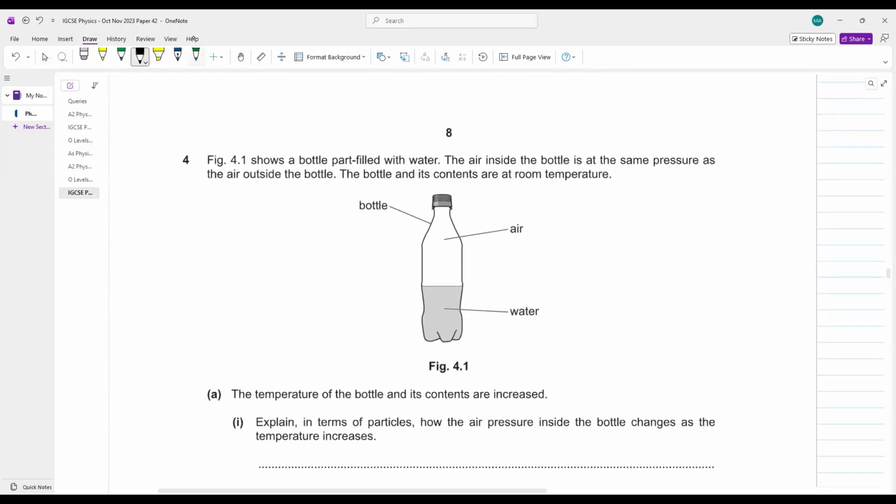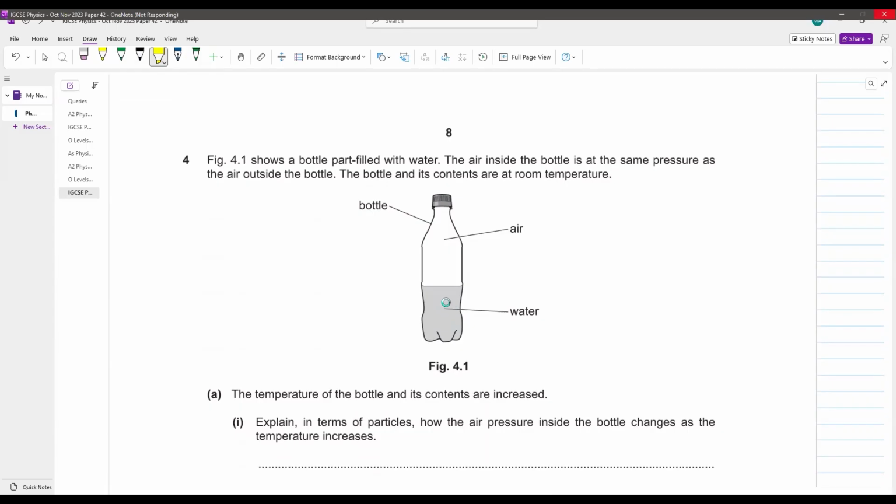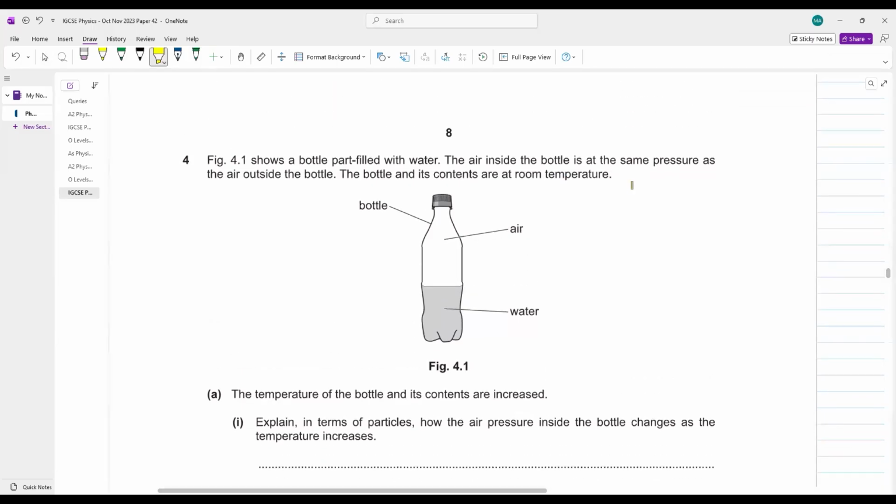Chalo, let's move ahead. Figure 4.1 shows a bottle partly filled with water. So we have a bottle that is partially filled with water. You have some amount of air. The air inside the bottle is at the same pressure as the air outside the bottle.